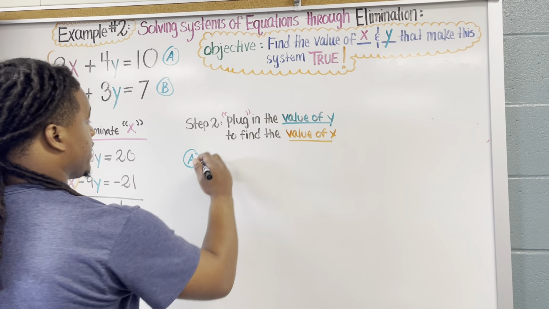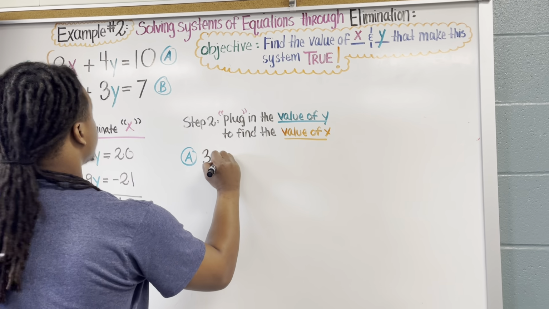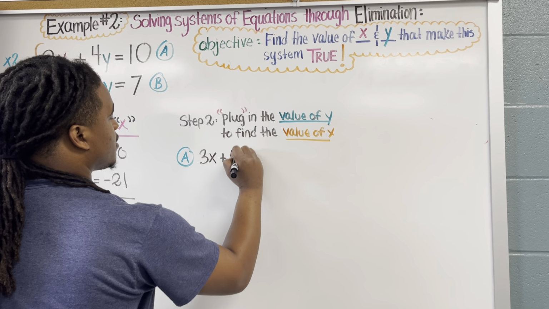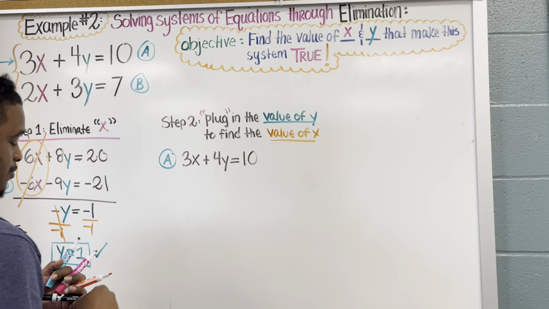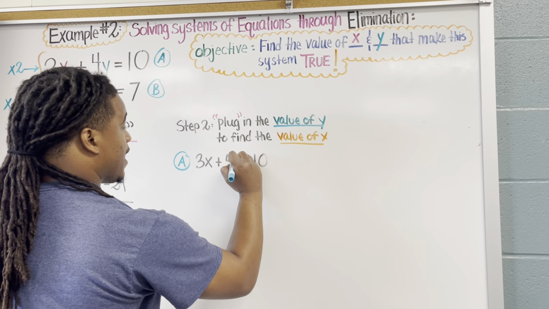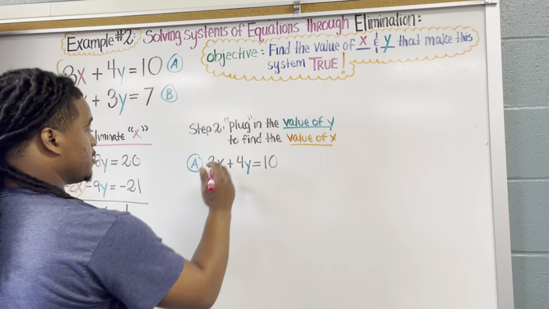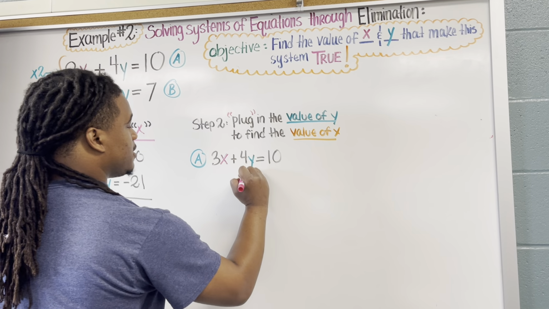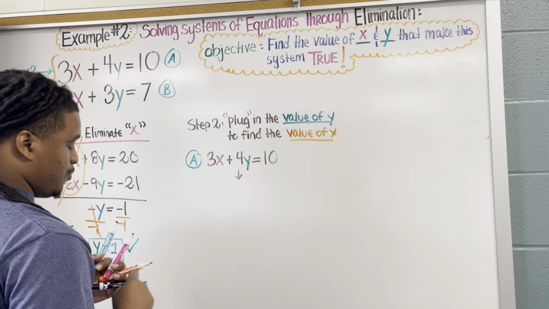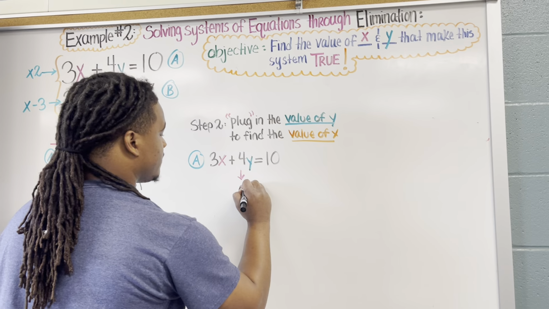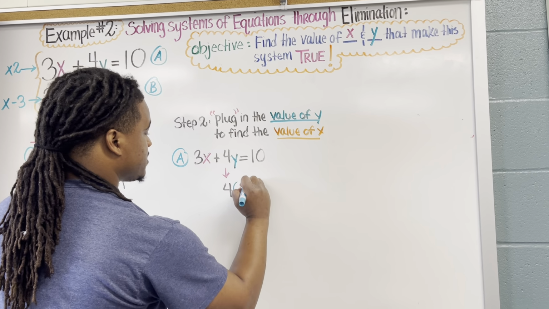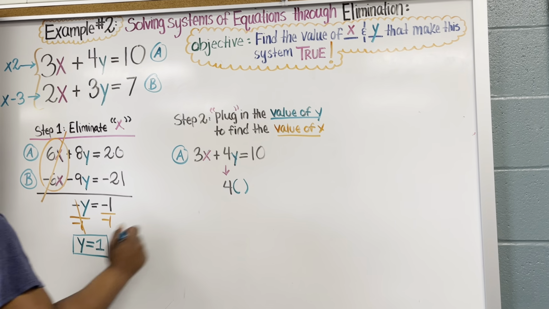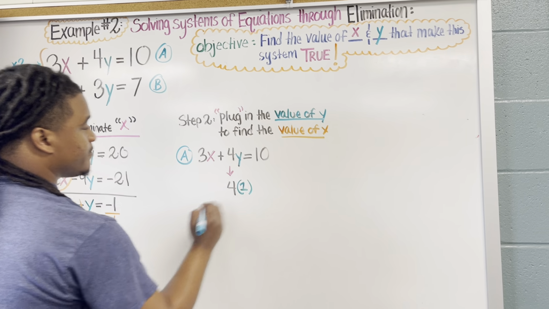Once again, equation A, we have 3x plus 4y equals 10. And remember, we have the value of y, which is 1, right? So all we're going to do is plug in the value of y, which is 1, as y. So once again, I'm going to put a parentheses. The value of y is 1, so I'm going to plug in 1 right there.